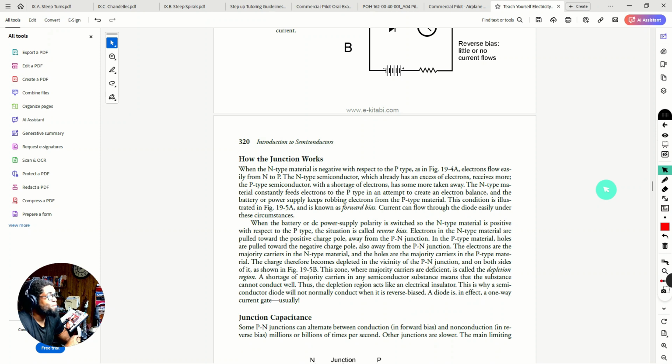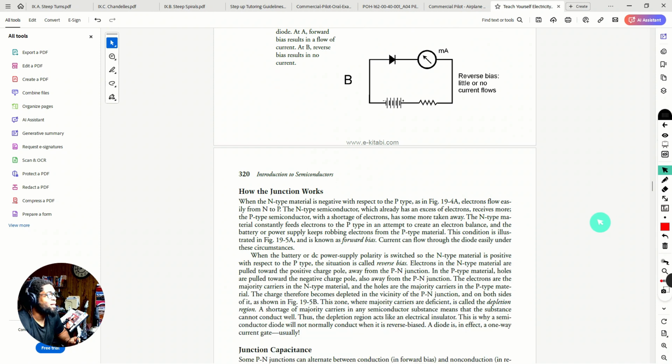The P-type semiconductor, with a shortage of electrons, has some more taken away from it. The N-type material consistently feeds electrons to the P-type in the attempt to create an electron balance, and the battery or power supply keeps robbing the electrons from the P-type material. This condition is illustrated in figure 19.5a and is known as forward bias.